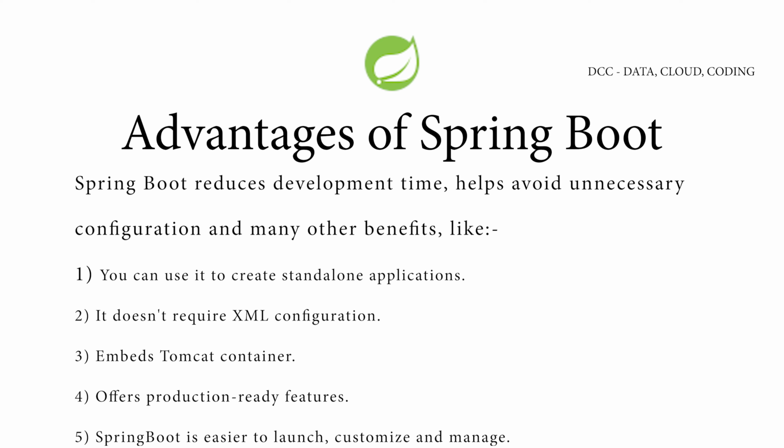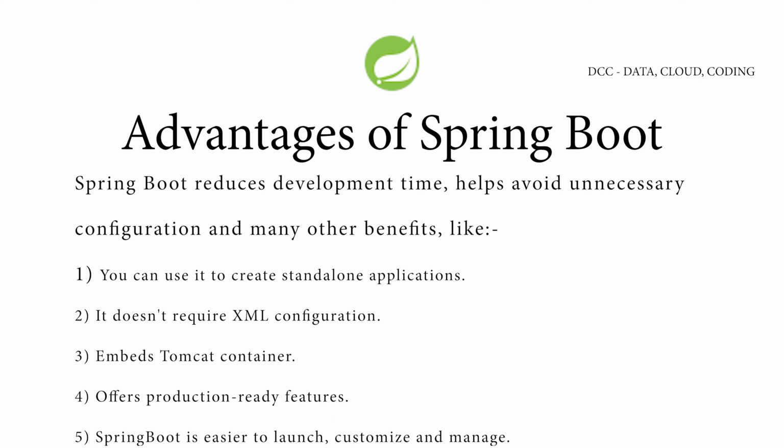Using Spring Boot, we also get production ready features like the actuator functionality. If I want to check the health of my application, or a few metrics of my application, I can do that using actuator. We'll be doing a detailed video on actuator in future. But for now, let's just keep in mind that Spring Boot offers us production ready features. And creating Spring Boot applications is quite easy.